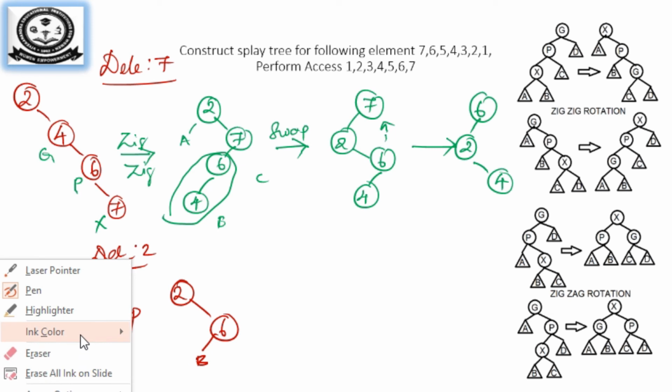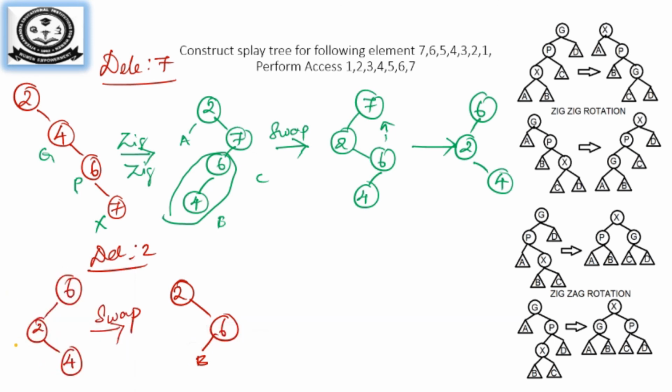Make sure you do it perfectly. So this is X, this is P. I don't have A, I don't have C, I have B alone. So no A, but B is here, so you will have 4 over here, and I don't have C. Now I'll rub it off.